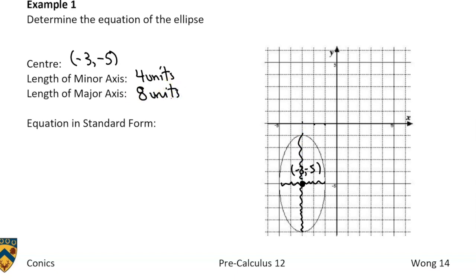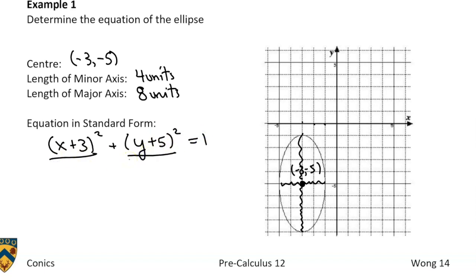And now they want us to come up with an equation for this. And so if you think about what we saw in example B from the previous question, we could say this would be something to do with x plus 3 squared plus y plus 5 squared equals 1.